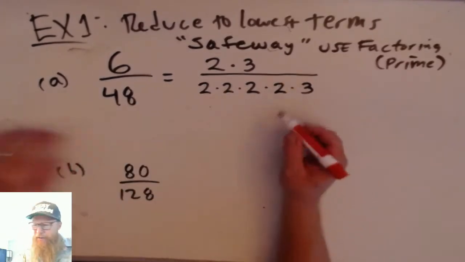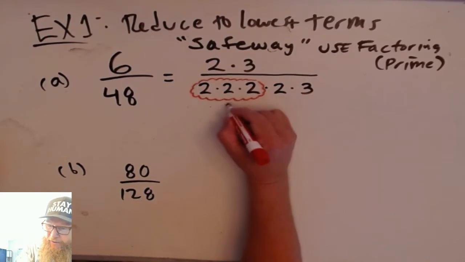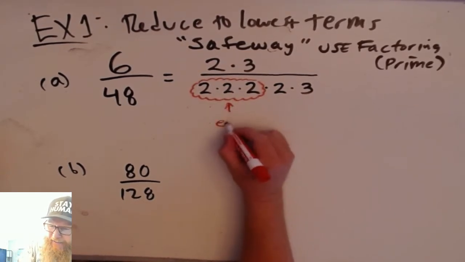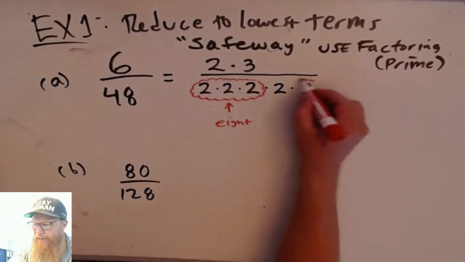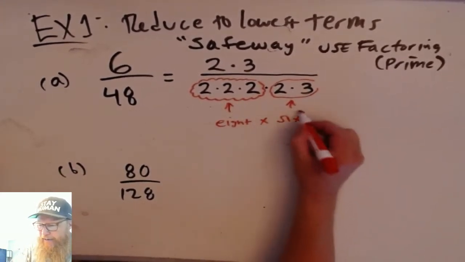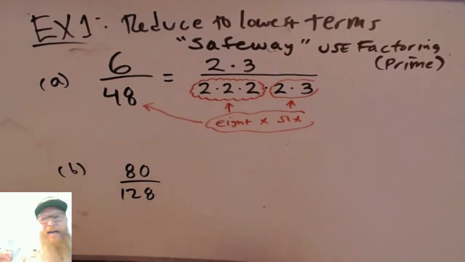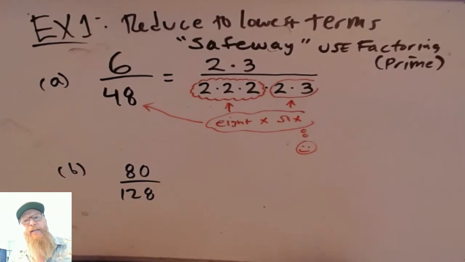You might want to do that with mental math just very quickly. I told you to memorize this. This is 8, right? 2 times 2 times 2. And then 2 times 3 is 6. And 8 times 6 is 48. Again, that's mental math.